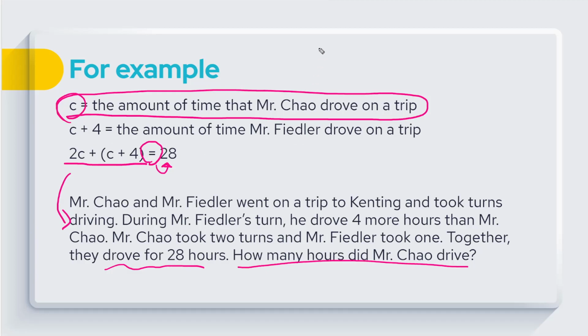I mean, we could have written F is the amount of time that Mr. Fiddler drove, and then Mr. Chow drove F minus 4, right? Because he drove 4 hours less. And that's true, but because the variable that we're isolating for is C, then the final question that you should be asking should have to do with that variable.